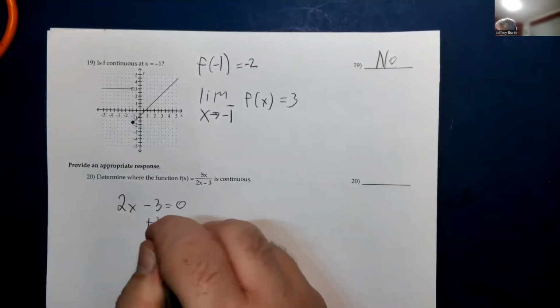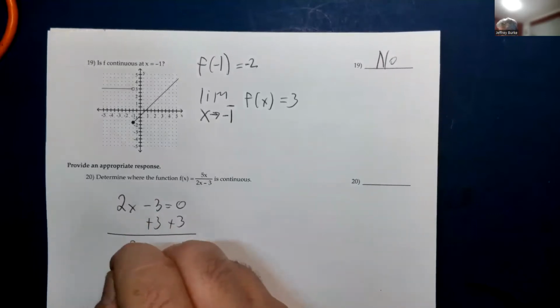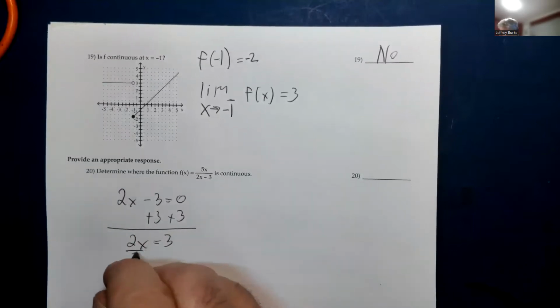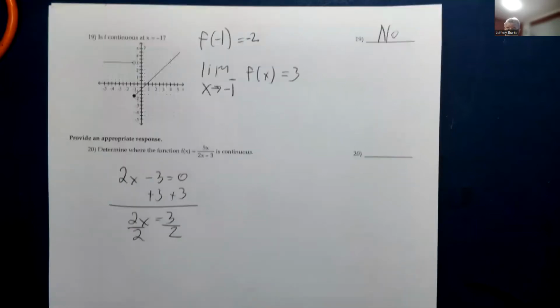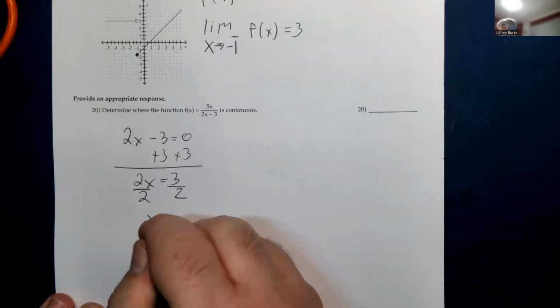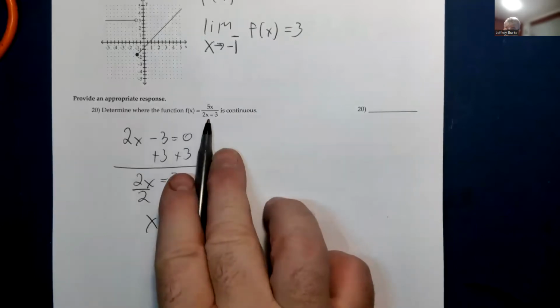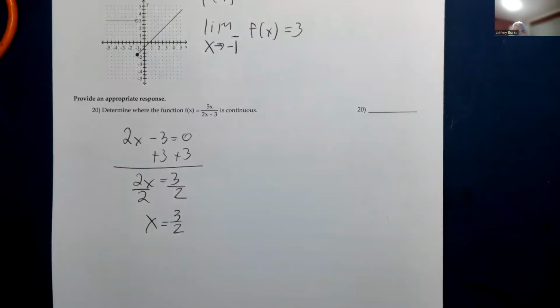I add 3 to both sides: 2x is equal to 3. I divide by 2 and get x is equal to 3/2. So when x is equal to 3/2, the function does not exist. Therefore, that would be a point of discontinuity. But for everything else, it's fine.